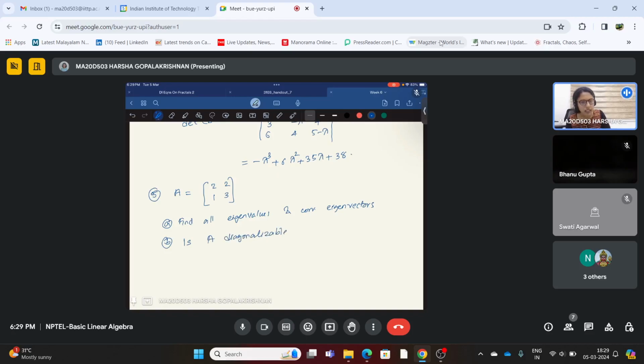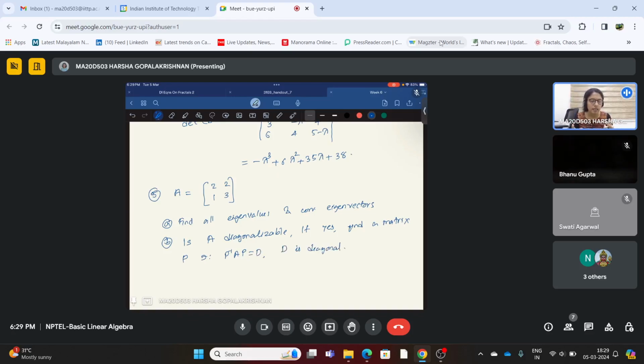We have already covered diagonalizable in the class, and if it is diagonalizable, find a matrix P such that P inverse AP equals D, where D is diagonal. This is the definition of a diagonalizable matrix.